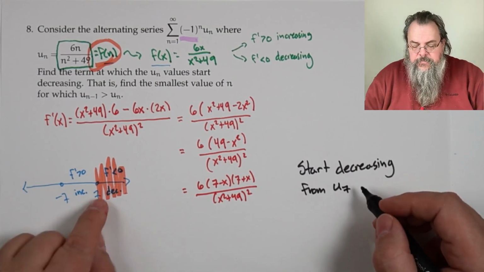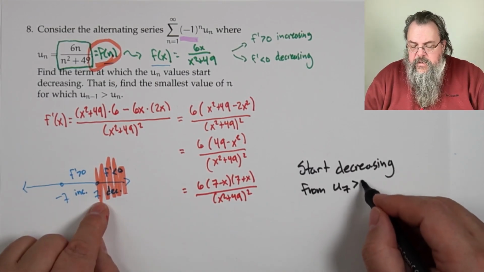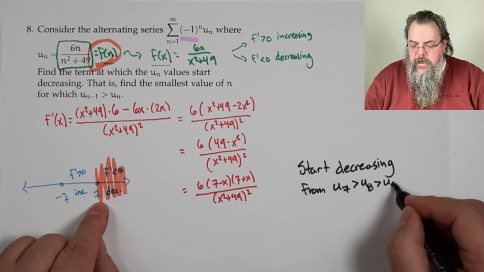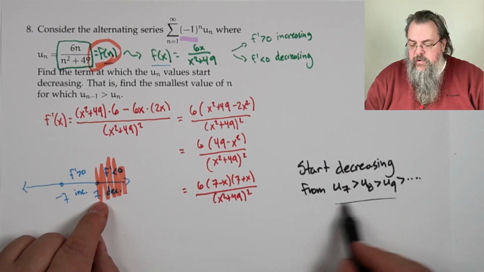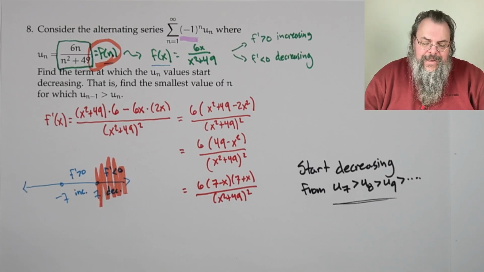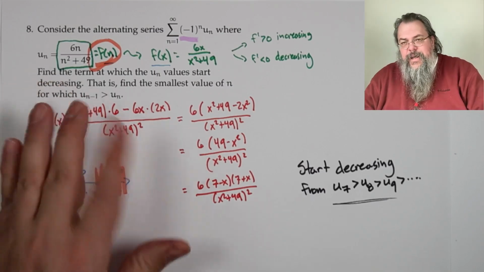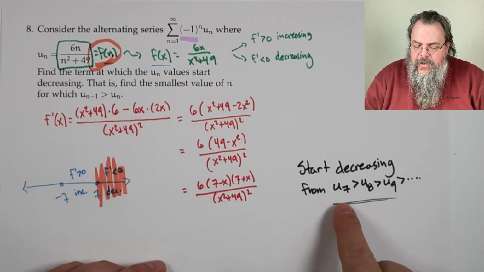So u7 is going to be bigger than u8, bigger than u9, and so forth and so on. So that's where we're starting our decreasing. It can be a little bit tricky to say, oh, n means this, n means that. But the key here is we start at u7.